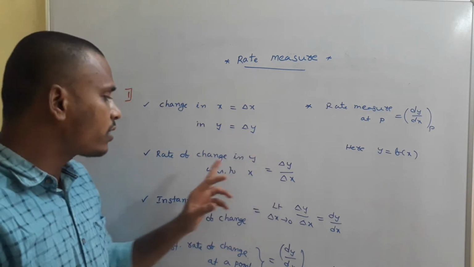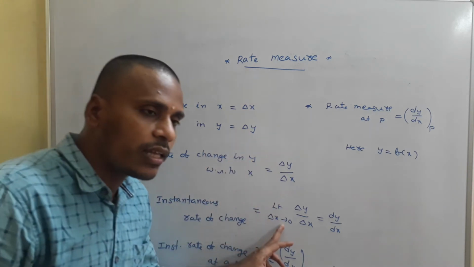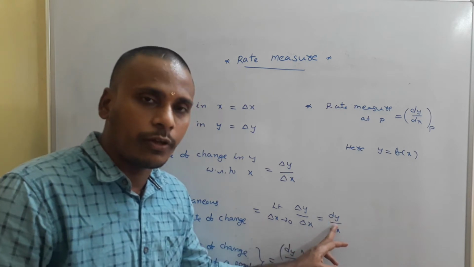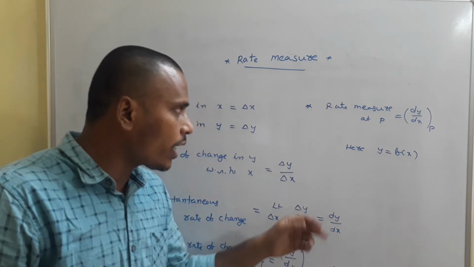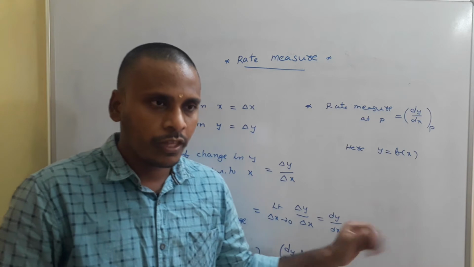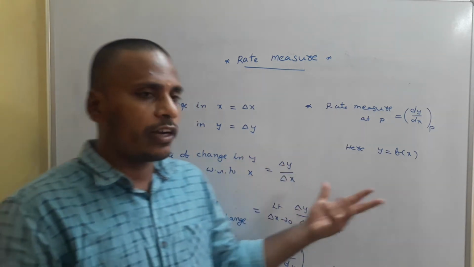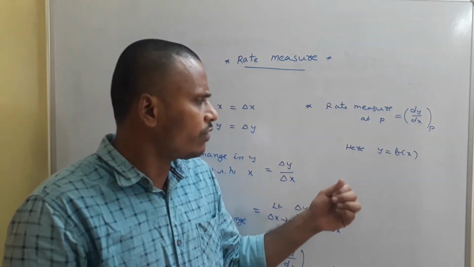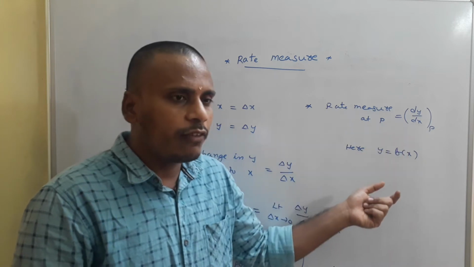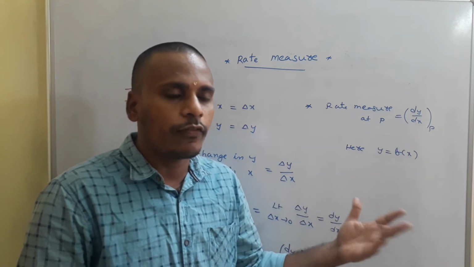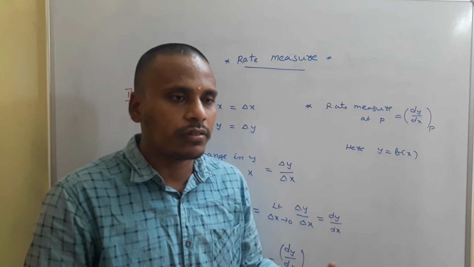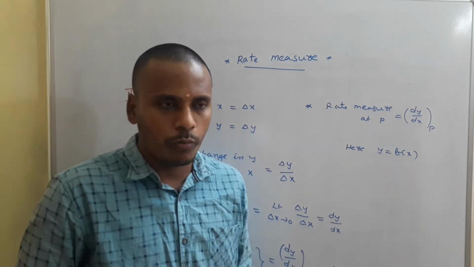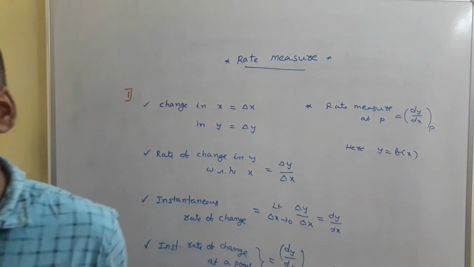Delta y by delta x is the rate of change, and the instantaneous rate of change is the derivative, and that derivative at a point is the rate measure at the point P. Using this idea we use the concept of rate measure in different day-to-day life examples and situations, and we solve different problems. First of all, have a look.